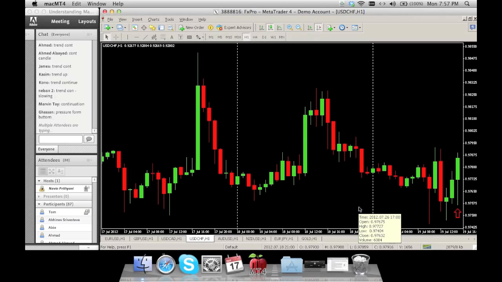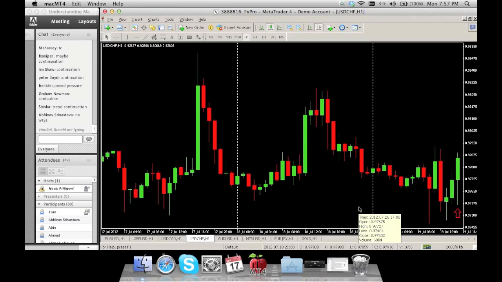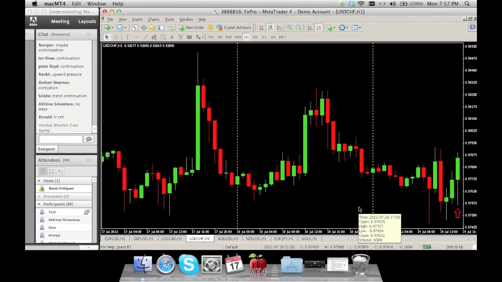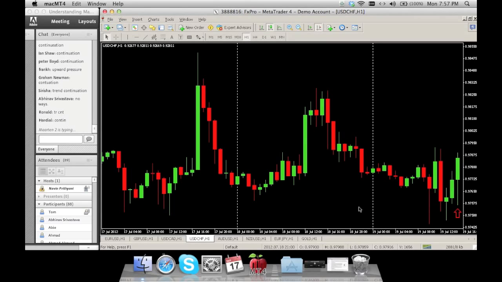Everyone seems to understand this. This is what we call a trend continuation pattern. It almost looks like an exhaustion, doesn't it? But it's not within a trend. It's not telling you to reverse.